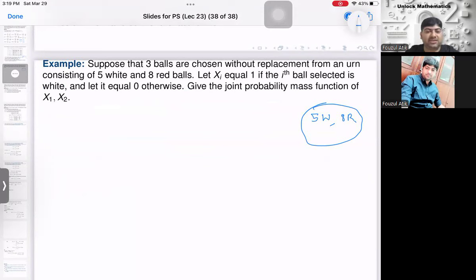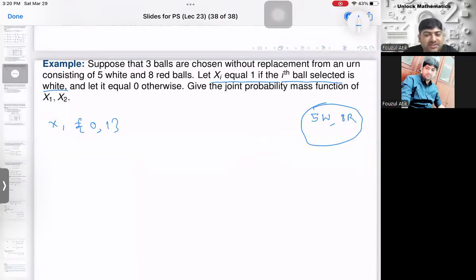And here xi equal to 1 if the ith ball selected is white. That means x1 is equal to 1 if the first ball is white, otherwise it is 0. So x1 will take only two values, 0 and 1.